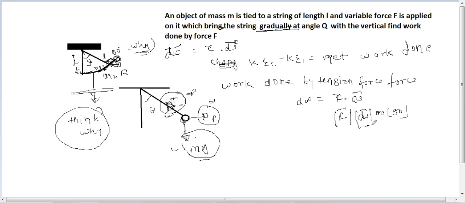So whatever the value of ds, it is always 0. So dW is 0, and work done is the integration of dW, and dW is 0, so the work done will be 0.